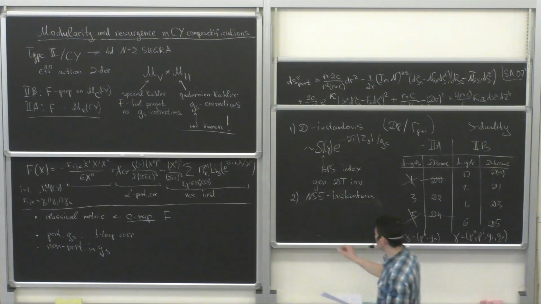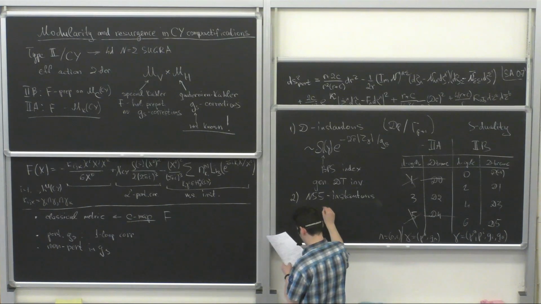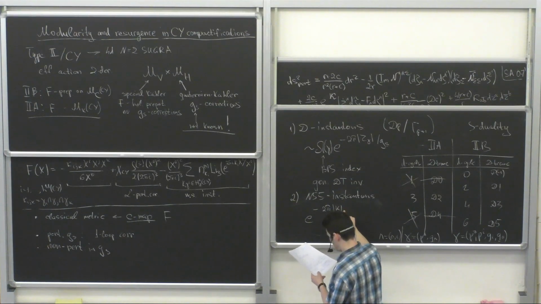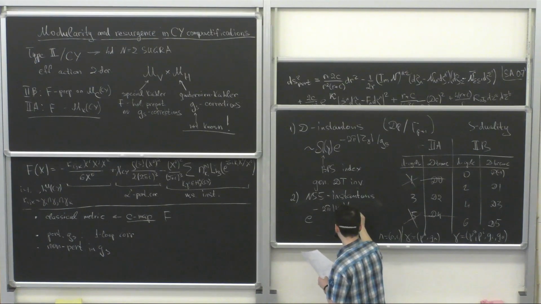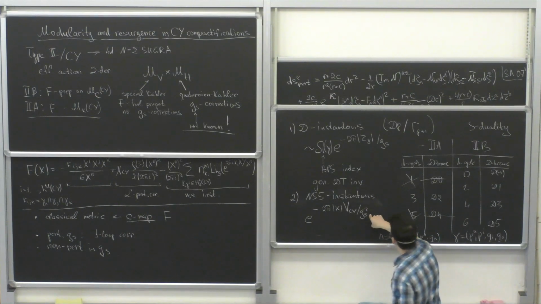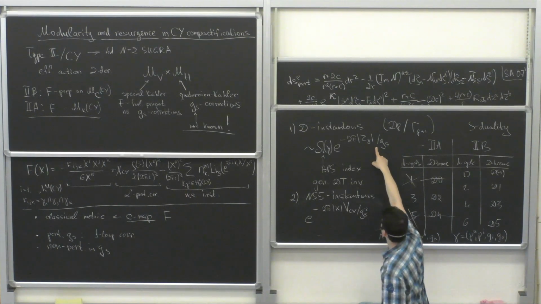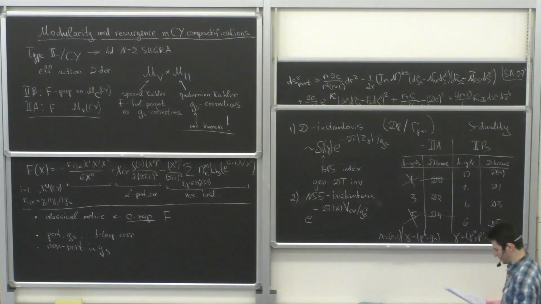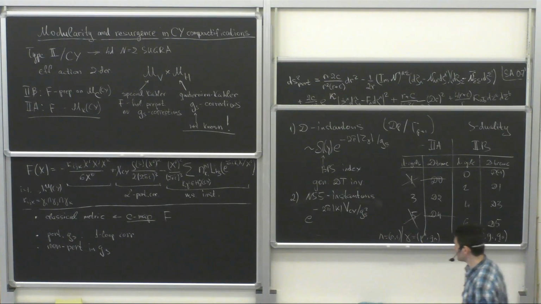And we know that these behave roughly like 2 pi times some instanton number, let's say k, times the volume of the Calabi-Yau divided by g_s squared. So you see the behavior is very different from the D-instantons. This is like 1 over g_s in the instanton action. This is 1 over g_s squared. And these guys are really complicated.